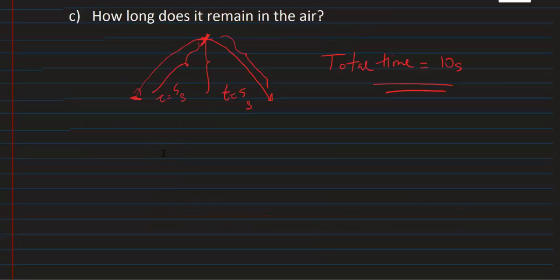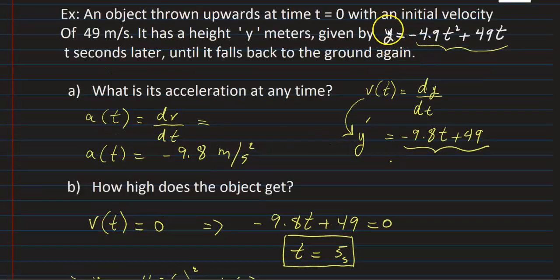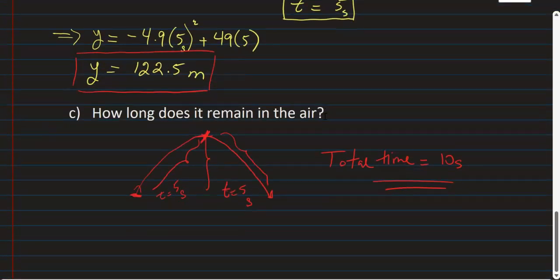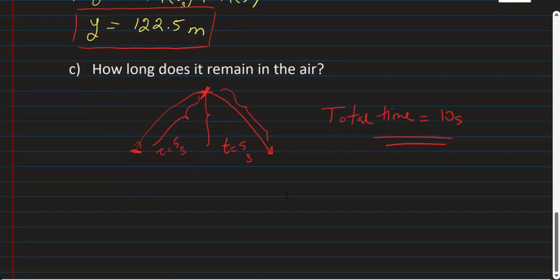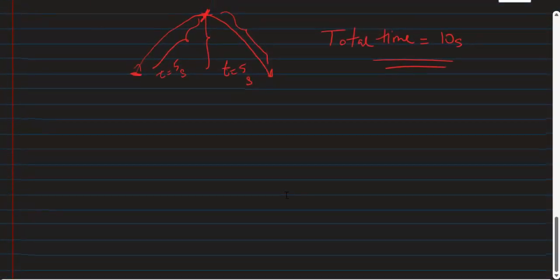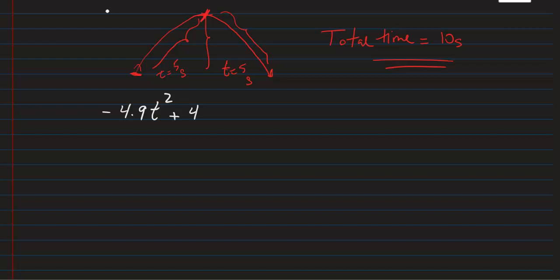Now, I used common sense, or deductive reasoning, to come up with 10 seconds, but we can actually use the equation. When the object leaves the ground and comes back down to the ground, the total vertical distance is 0. So we can set up the equation negative 4.9 t squared plus 49 t equals 0, because the y value is 0.